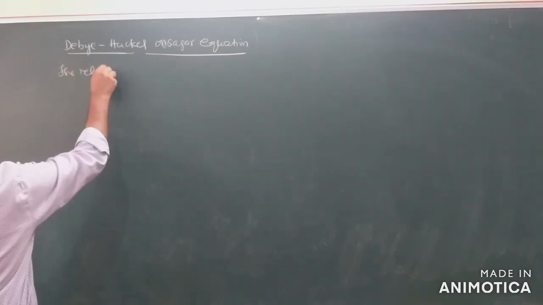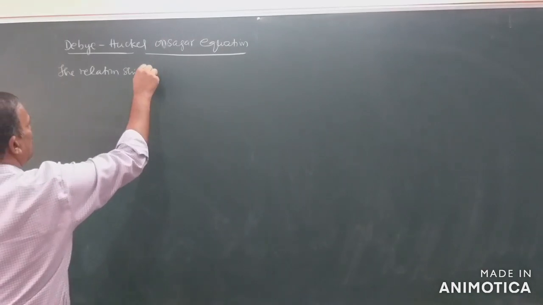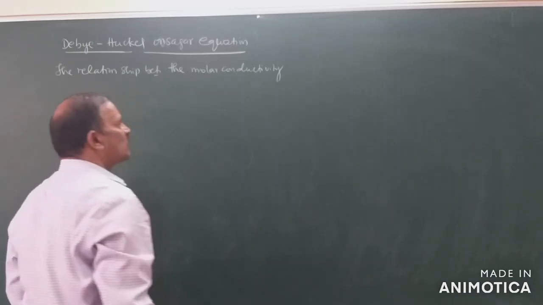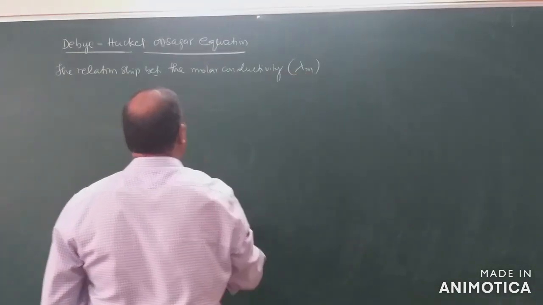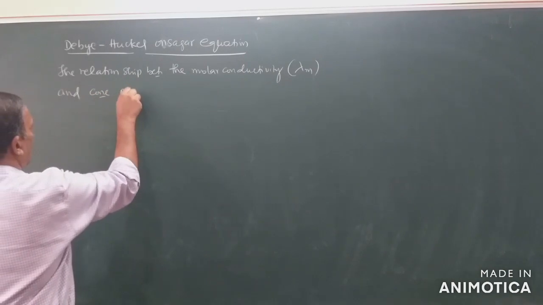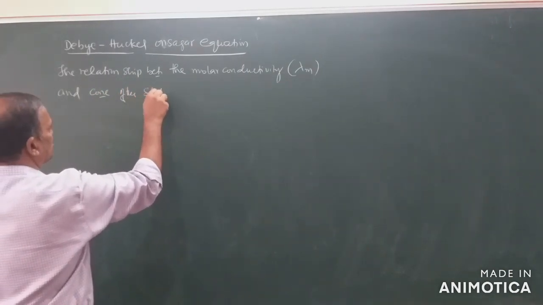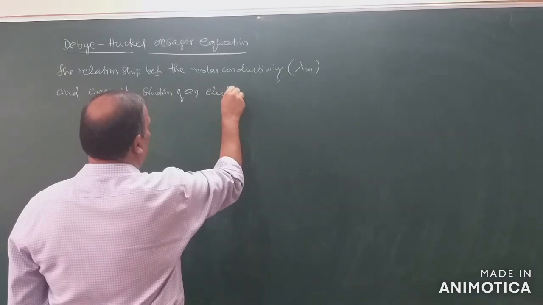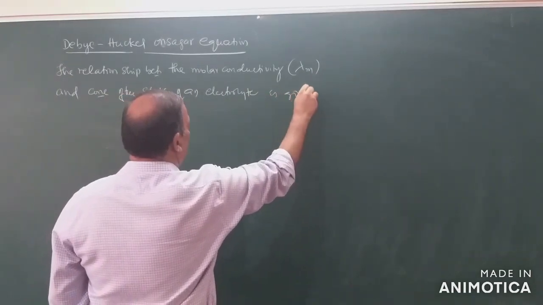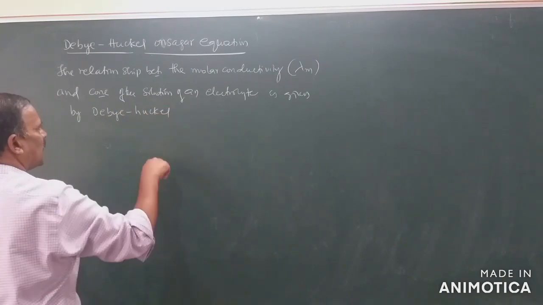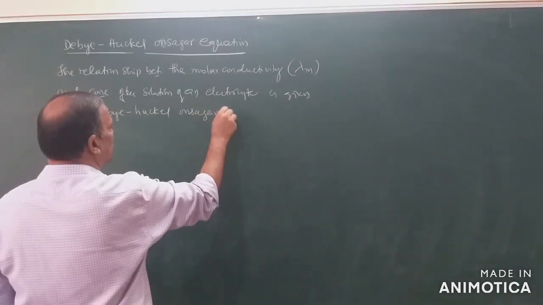The relationship between the molar conductivity lambda m and concentration of the solution of an electrolyte is given by Debye-Huckel-Onsager equation.